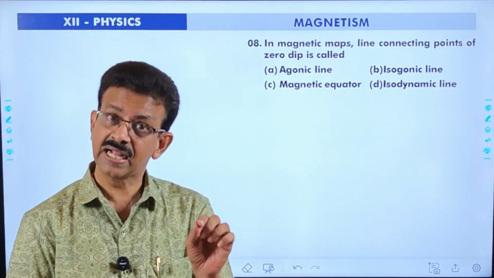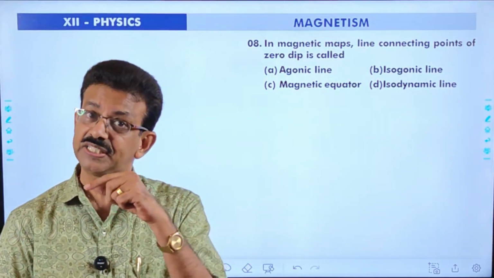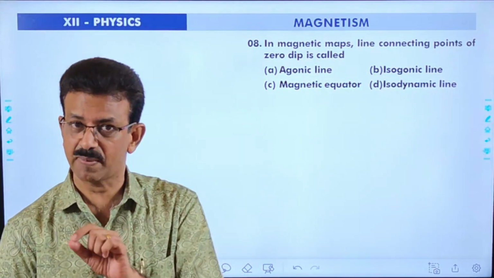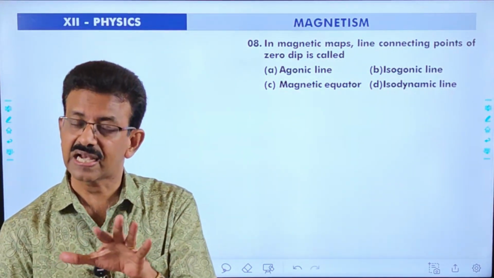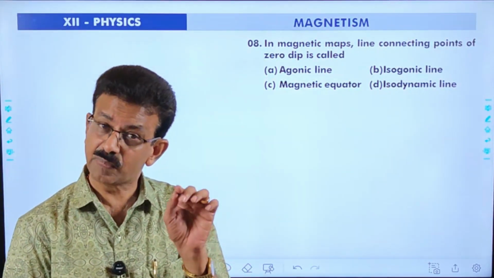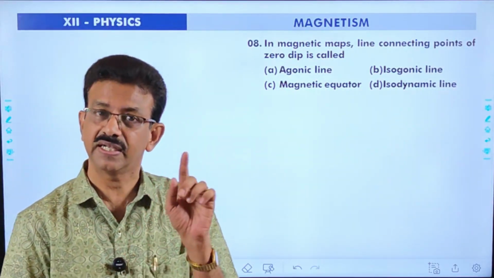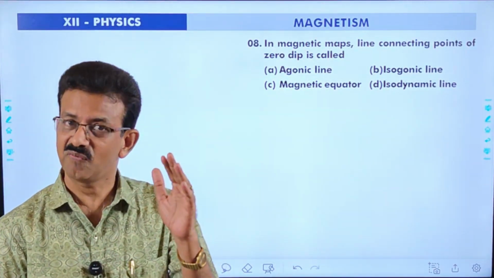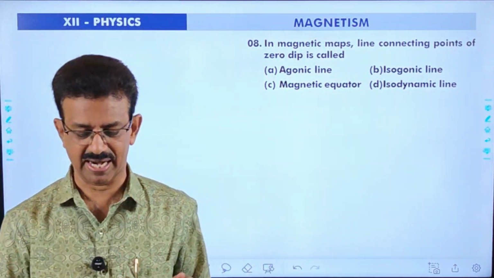A line connecting points of the same dip is called an isoclinic line. A line connecting points of zero dip is called an aclinic line or magnetic equator. A line connecting points of equal horizontal component of Earth's field is called an isodynamic line. These are very important points to remember, and we have to learn those names by heart.